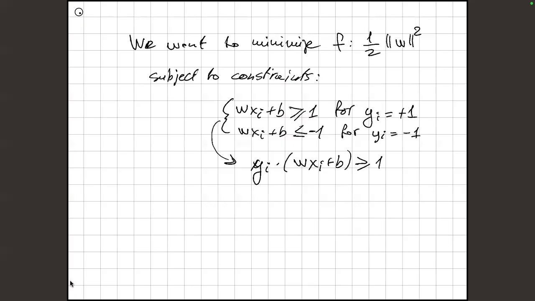And we are interested in the border case, which will become our constraint function: y_i (w x_i plus b) equals 1. So what is going on here?